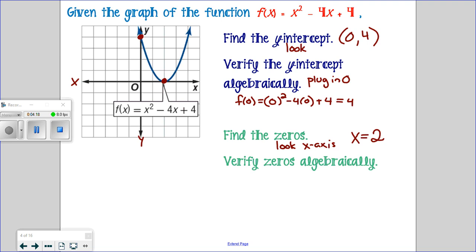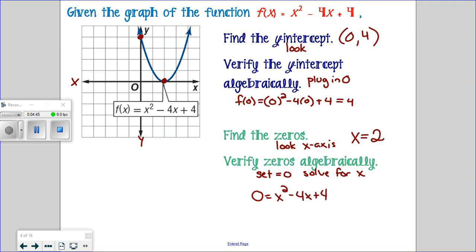And then the whole verify algebraically. So again, making a note for myself, what does that mean? That means I'm going to set the equation equal to 0 and solve for x. Guys, that's exactly what you did in our warm-up when we found the numbers at the bottom of that. That's the same thing as finding zeros, setting it equal to 0 and solving for x. Okay, so I'm going to set this equal to 0.